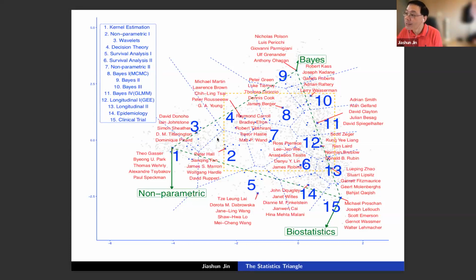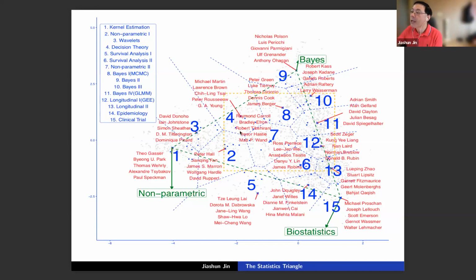And this is nonparametric. This is also a well-established, well-known group of figures like Peter Hall, Jianqing Fan, James Marron, and so on and so forth. For example, Ray Carroll is kind of on the edge because he's semi-parametric and nonparametric, sort of on the edge of these two.